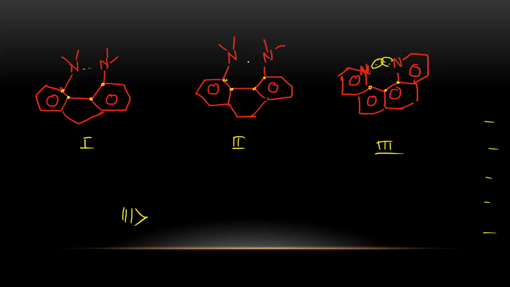This nitrogen, if it is six-member, then this lone pair will be more oriented to a closer geometry. But here, I have drawn it like this. But as it is a five-member ring, you can think of it like this.